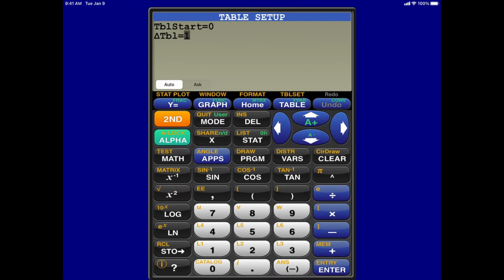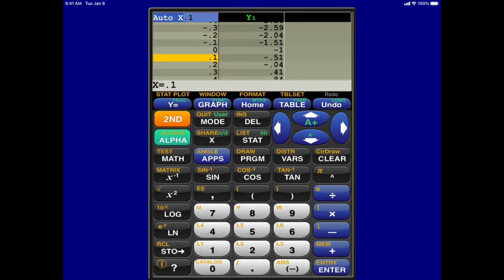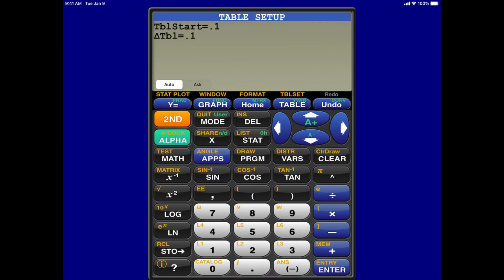You can start at any number. 0 is fine, but we said change this to 0.1, and you want it on auto. Let's now go to the table by clicking on the table button. Here you're going to notice a couple of things. Let's go back and change that. Oh, I understand, I wanted this one to be 1.